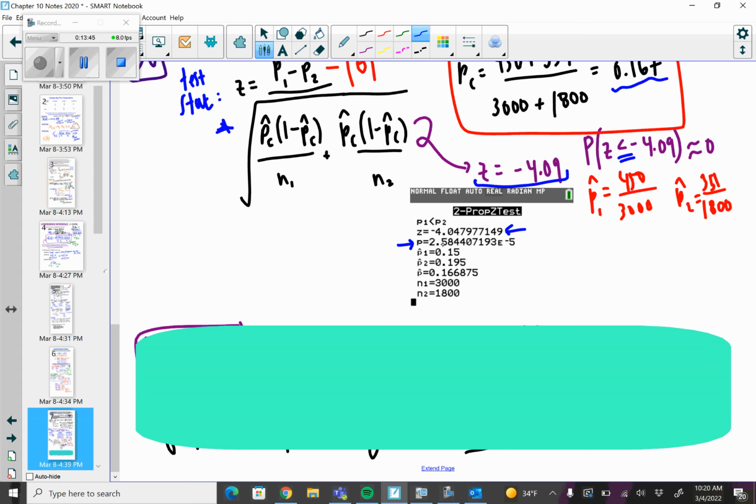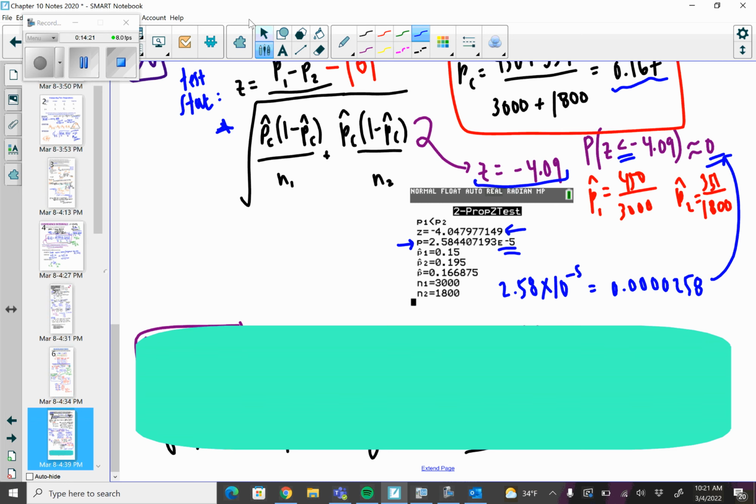P is equal to 2.58 times 10 to the negative 5, or 0.0000258. That is about 0%. If you ever see a p-value that is a decimal, a whole number and a decimal, you need to notice that there is probably a times 10 to the something at the end. Our p-value is almost 0.